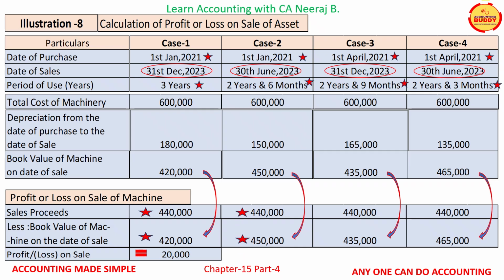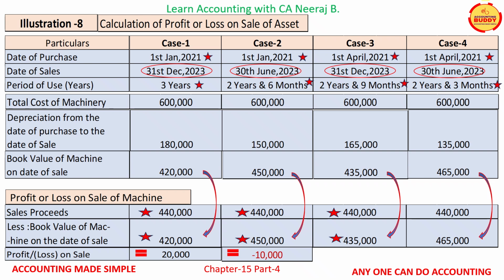Now in case 2, where the book value of $450,000 on the date of sale is more than the sale proceeds of $440,000, we have incurred a loss of $10,000 on the sale of the machine.